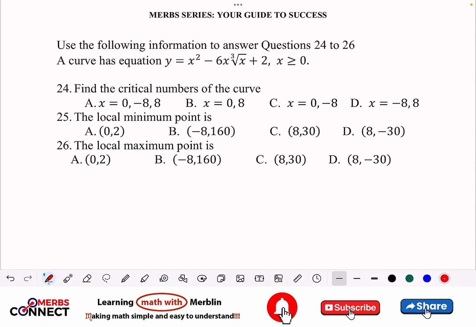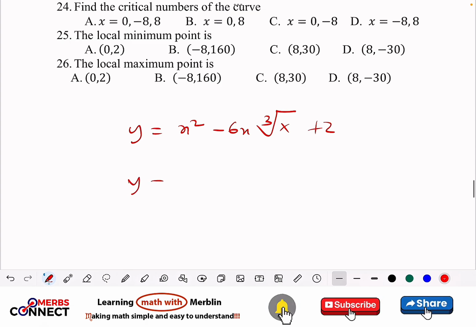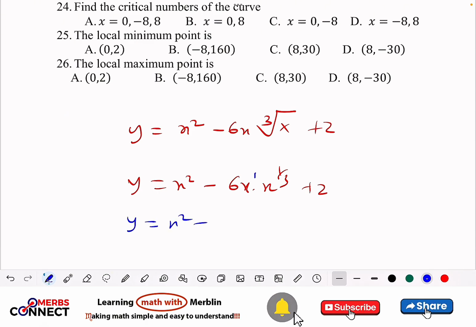So now y is equal to x squared minus 6x to the power 4 over 3 plus 2. This one can be written as x squared minus 6x times x to the power 1 over 3 plus 2. Now this is to the power 1, so I'm going to add the exponents and have 4 on 3, plus 2.